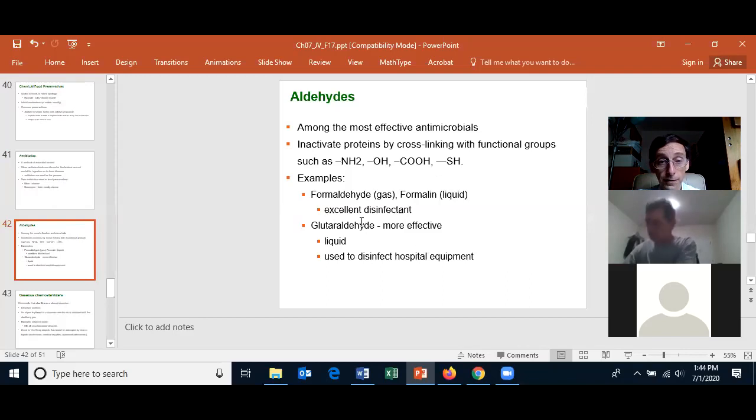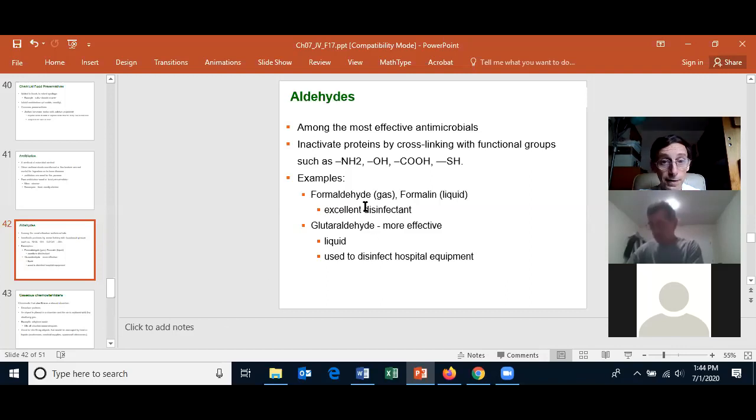Some aldehydes include formaldehyde, which is a gas, and formalin, a liquid, and they're excellent disinfectants. Glutaraldehyde is a very common disinfectant. It's a liquid, and it's used in the hospital environment to help disinfect surfaces and objects.